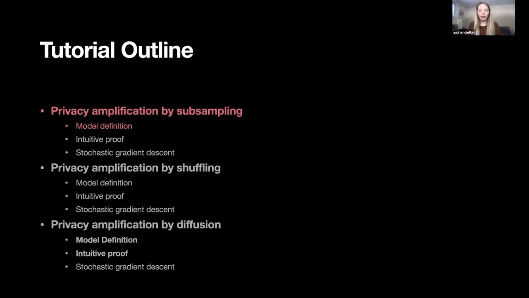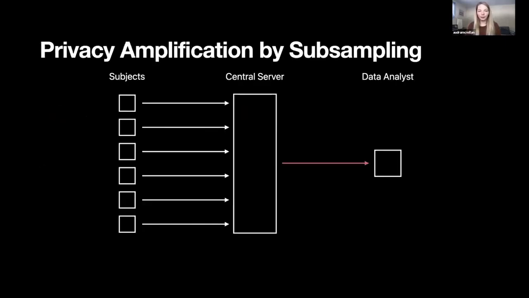Okay. All right, so I'm going to start with subsampling. So we're back in the central model. In the central model, all my data subjects send their data to the central server, who then does something and sends the privatized version of their answer to the data analyst. So now imagine that a random subset of the subjects provide their data.